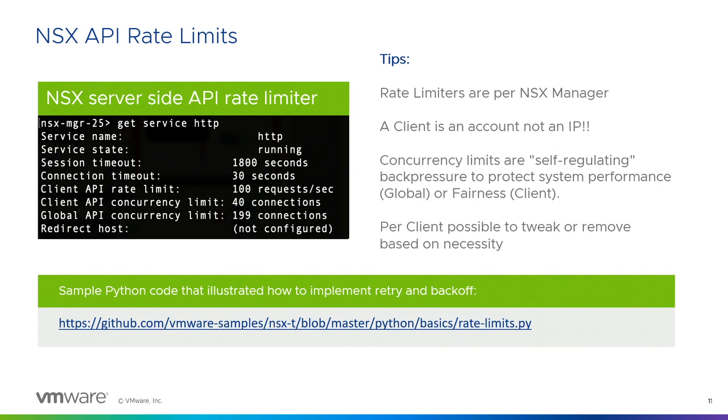So when you configure your different products consuming the API, for instance, let's say you're not doing any automation at all, but you're configuring VROps, Aria Operations, Aria Networking, other monitoring products, and you have a number of those, and you are configuring them all with admin, for NSX, that's one client. So all those products are consuming NSX as one client, and for fairness, by default, this client is limited in what it does.